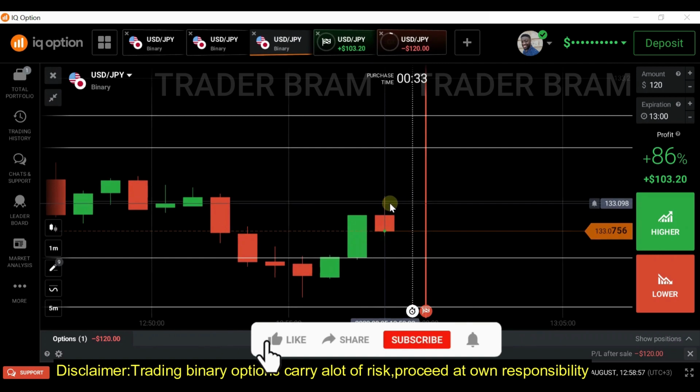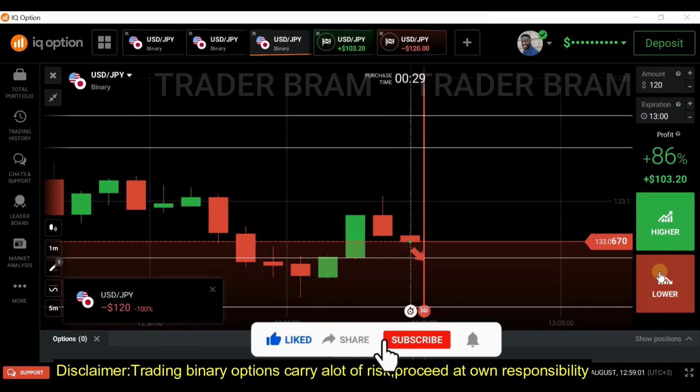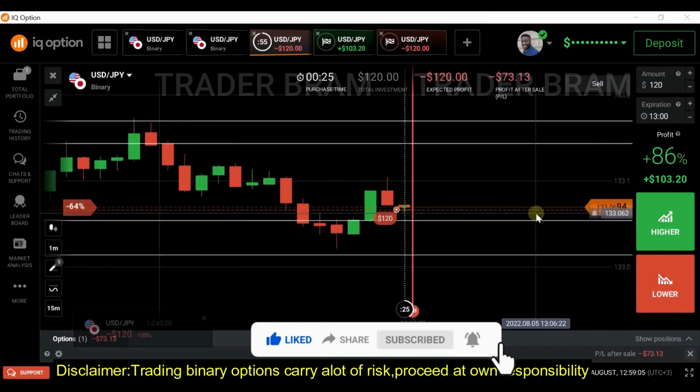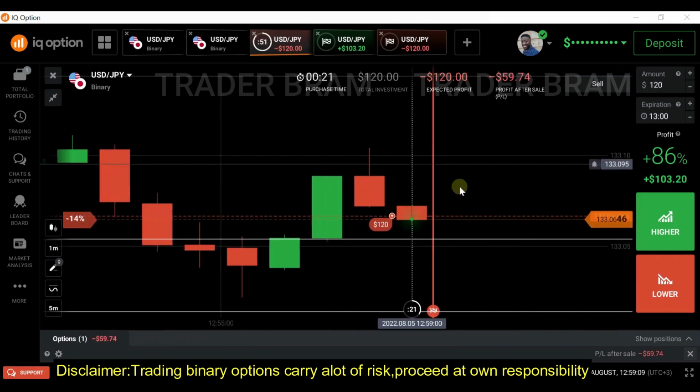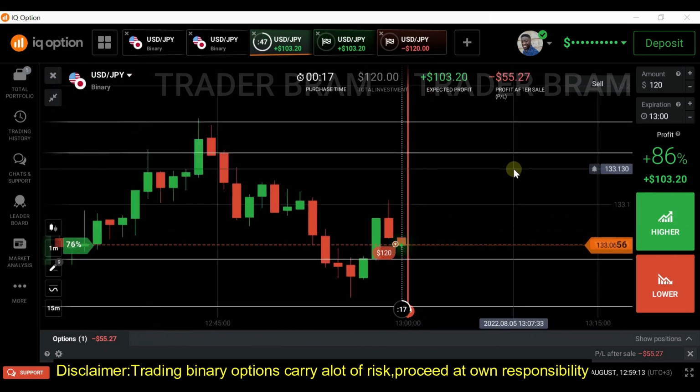So the market is rejecting from this whole number area. I'll do a put option. So after such a strong bullish candle, you get a bearish candle. Don't expect the market to move more up.